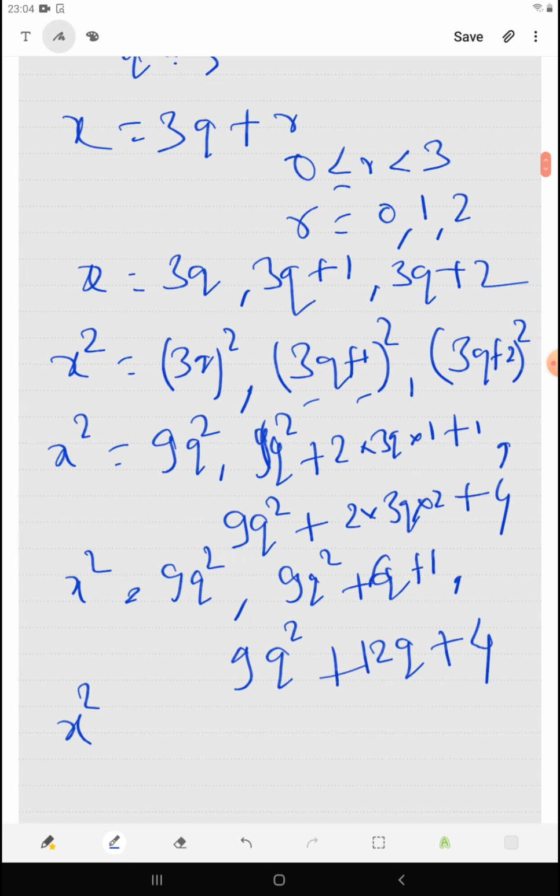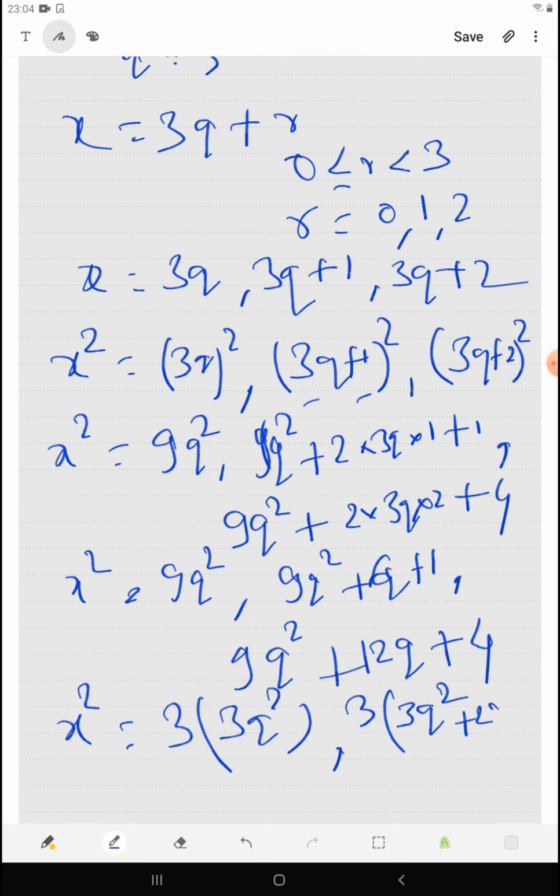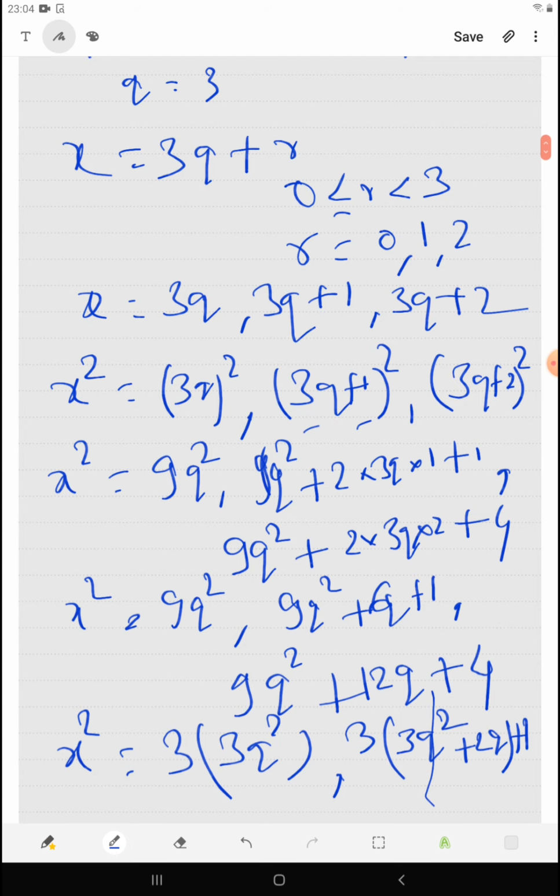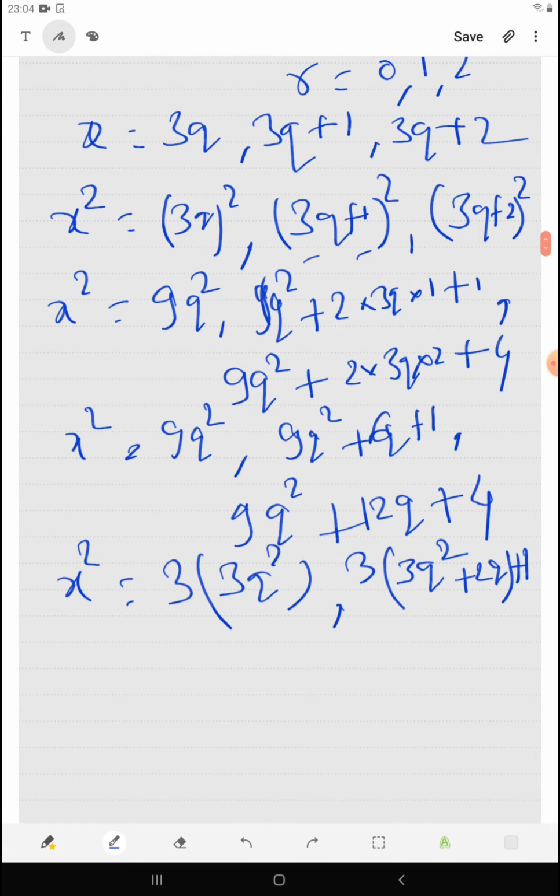So x square can be represented as 3 into 3q square, and 3 into (3q square plus 2q) plus 1, where I took 3 common. If you see over here, I took 3 common in both.